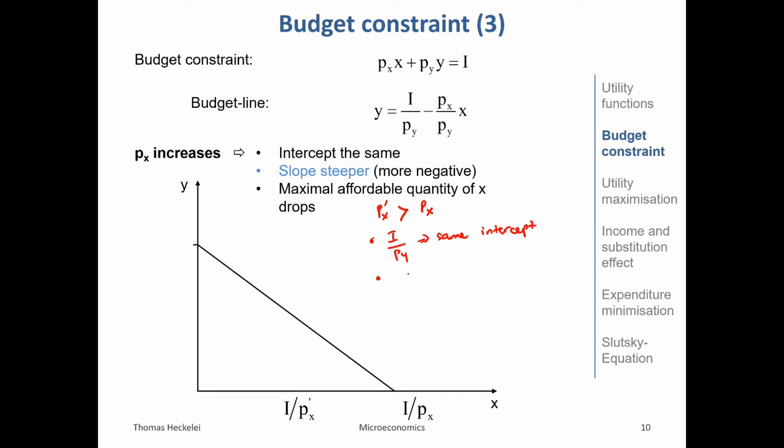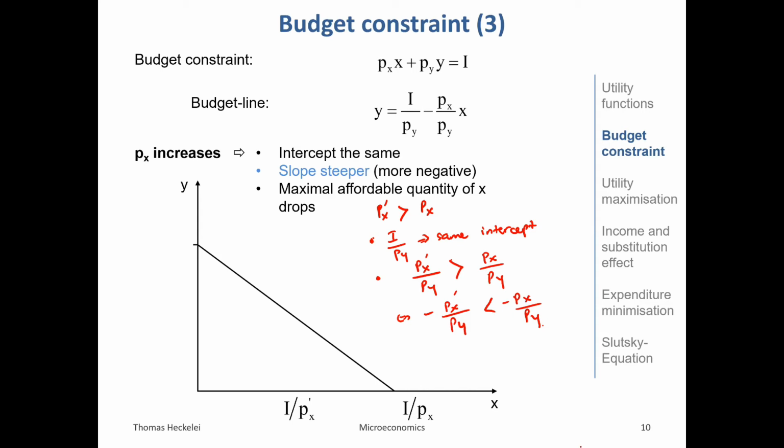The second thing, because we have px prime larger than px, we have px prime over py larger than px over py, right? And that means minus px prime over py is smaller or more negative than minus px over py. So that's why the slope gets more negative and the line becomes steeper.